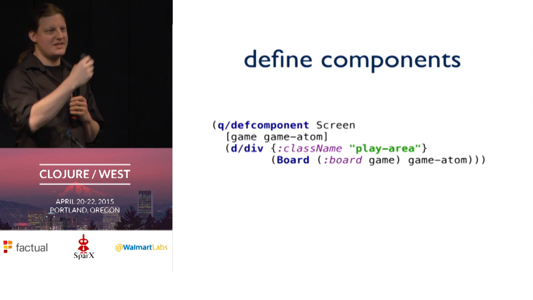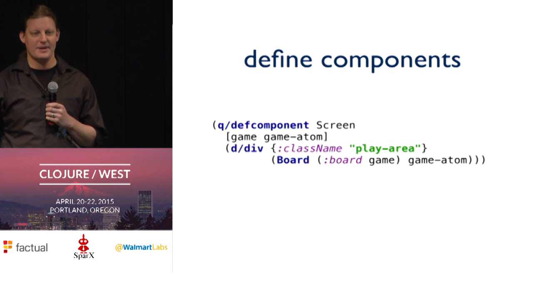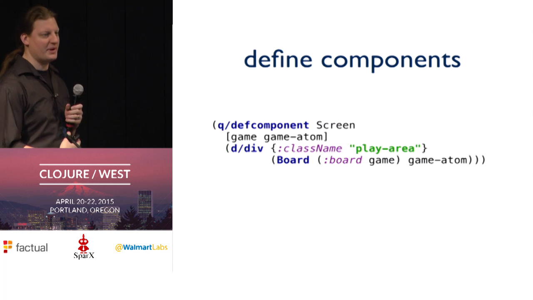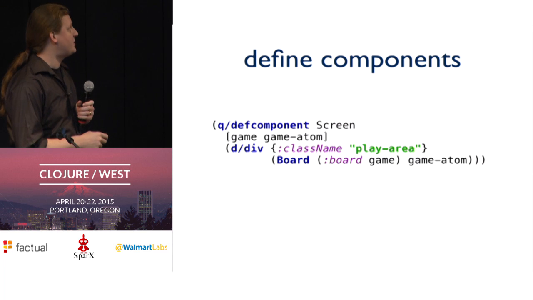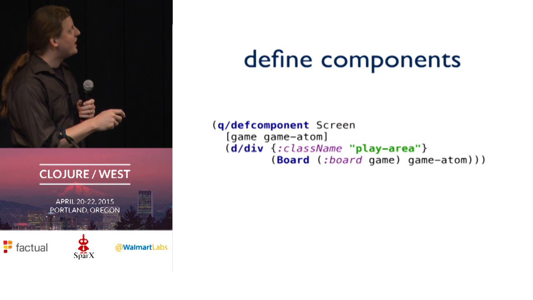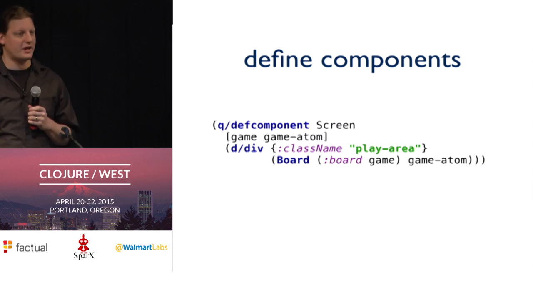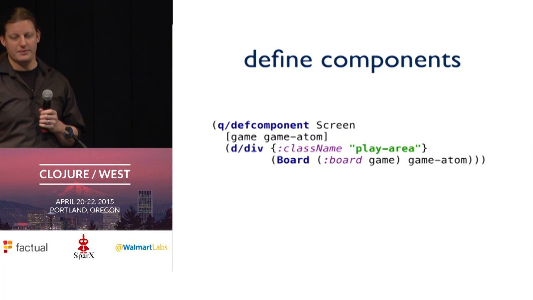And then if you call screen again and you pass it exactly the same game, it just doesn't need to re-render, because under the hood that is handled for you by React comparing with shouldComponentUpdate to see whether my driving value needs to cause an update, or it doesn't. If the game atom, for example, changes, that will not cause it to re-render. It's just useful for passing around things like communication channels, or things that are going to remain the same for the lifetime of your app, which are useful for additional things.